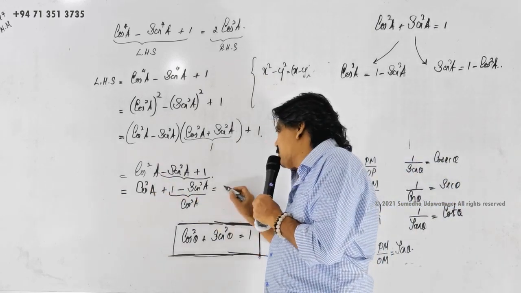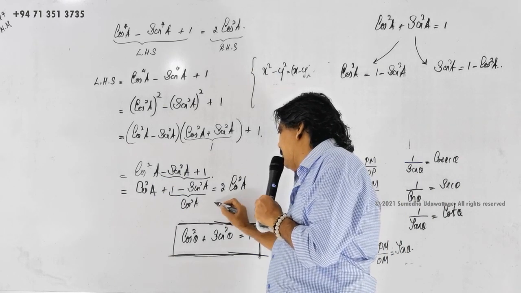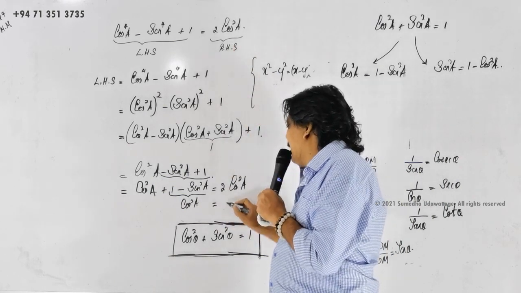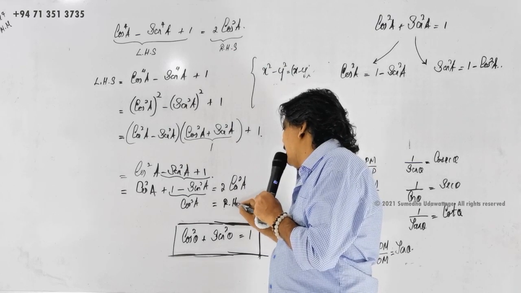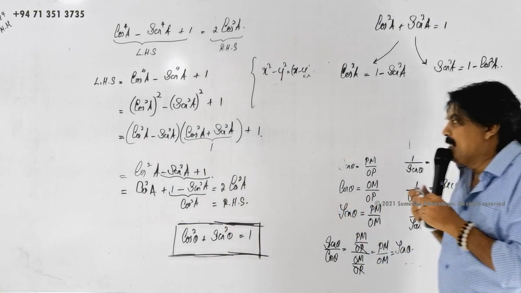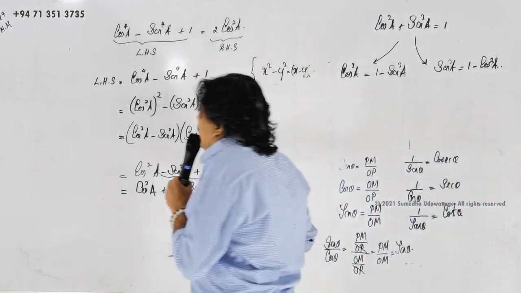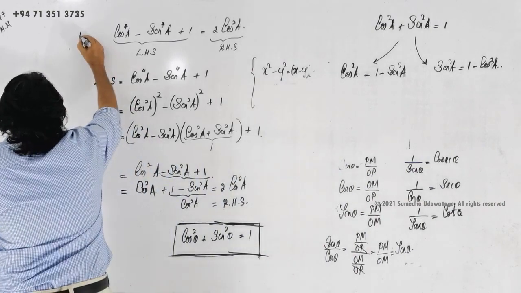Cos square A plus cos square A comes to 2 cos square A. 2 cos square A is the right hand side. This is the first question I handled for today.